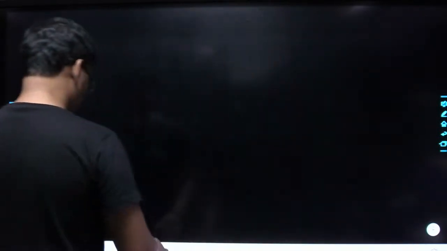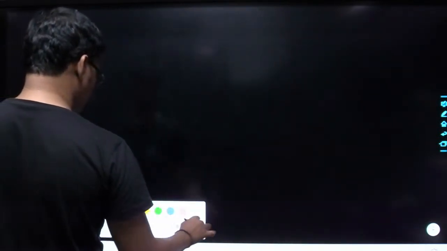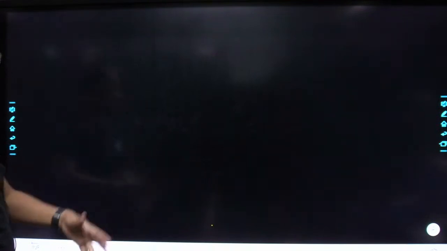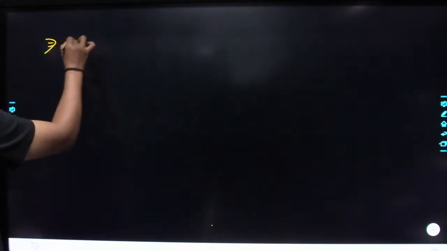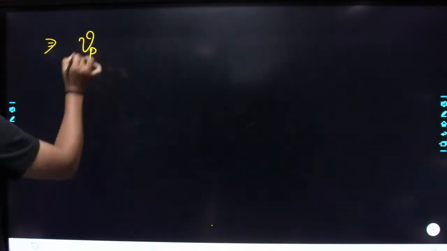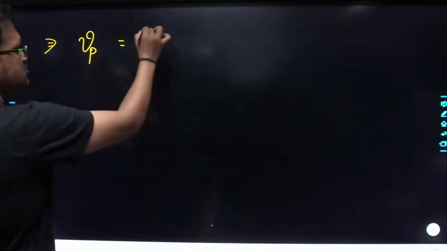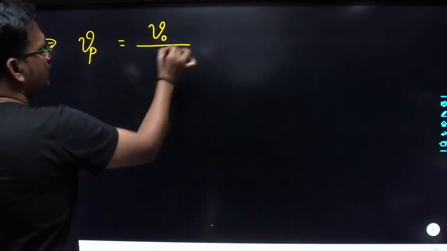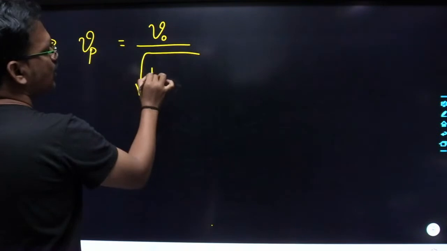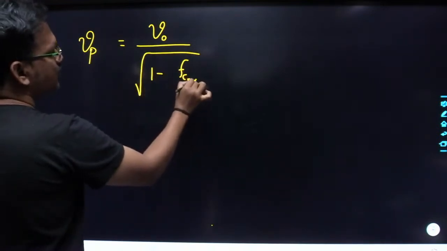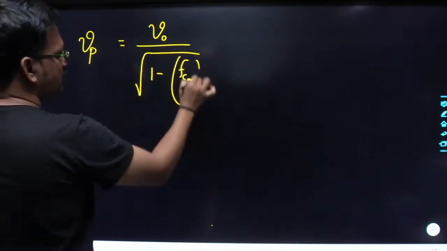So I have given the formula for cutoff frequency, right? And almost all the other parameters are also going to depend upon this cutoff frequency here. For example, if I write the expression for phase velocity, the phase velocity is equivalent to V naught by square root of 1 minus (fc_mn by f) whole square, right?